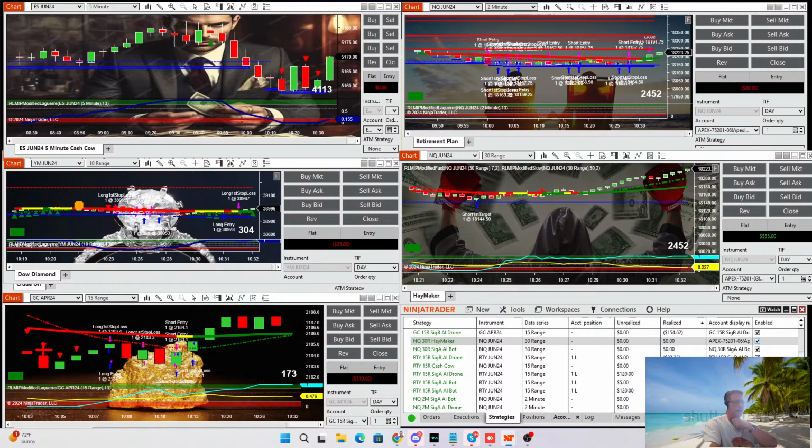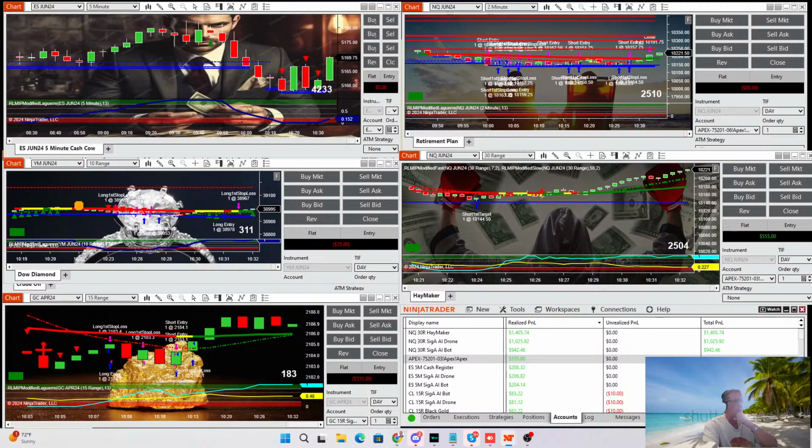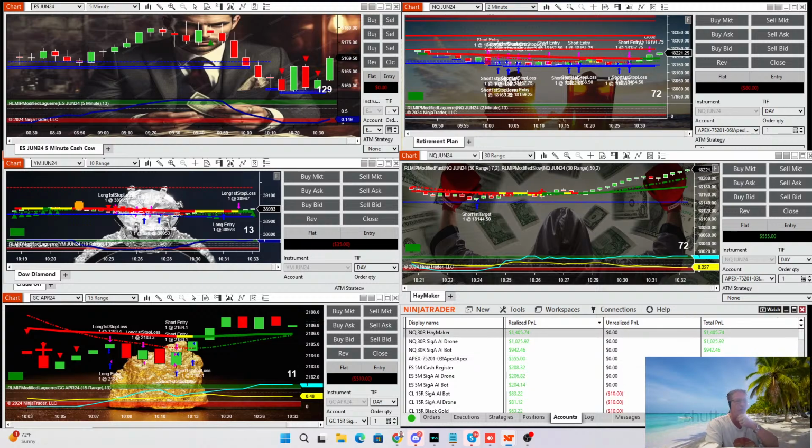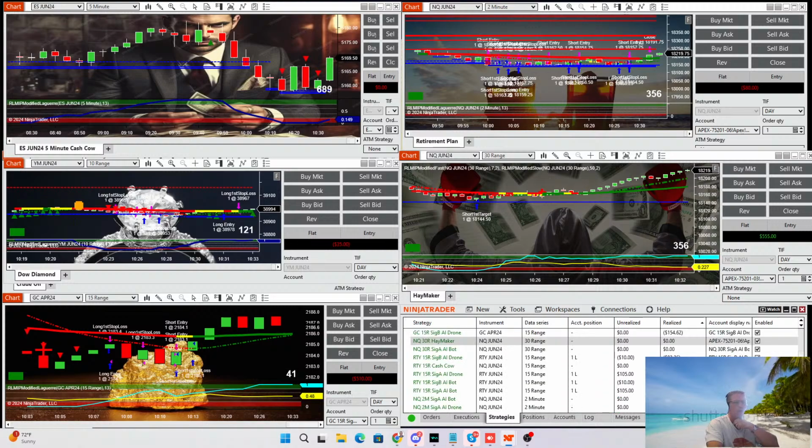This one's back on SIM. My 30 range haymaker looks really good, but I already have a 30 range strategy on my Apex account. So I don't want to trade another 30 range strategy on the same account. I have the haymaker.